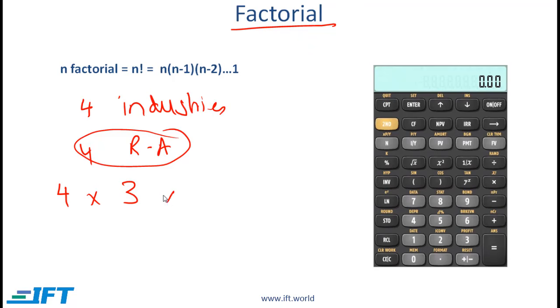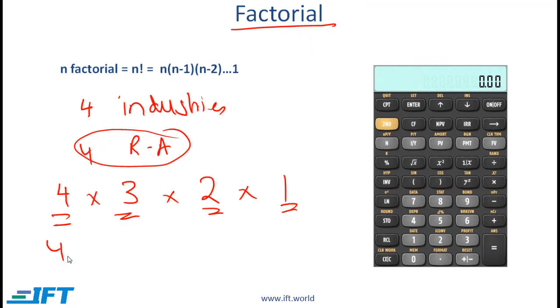Then we can assign the next analyst in 2 different ways, and then the final analyst will be assigned to the 1 remaining industry. So notice that with 4 different analysts, the total ways in which they can be assigned to industries is 4 times 3 times 2 times 1.